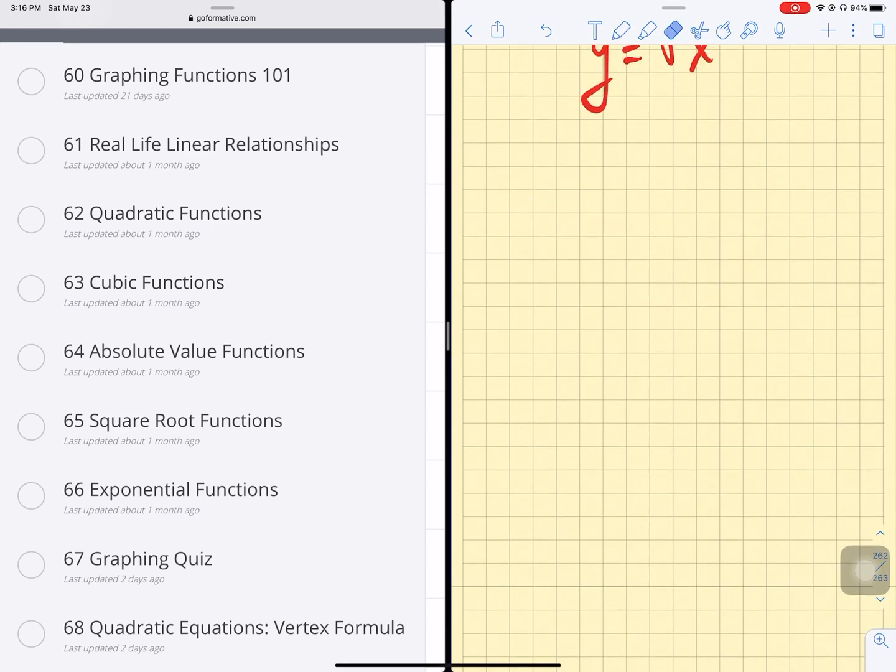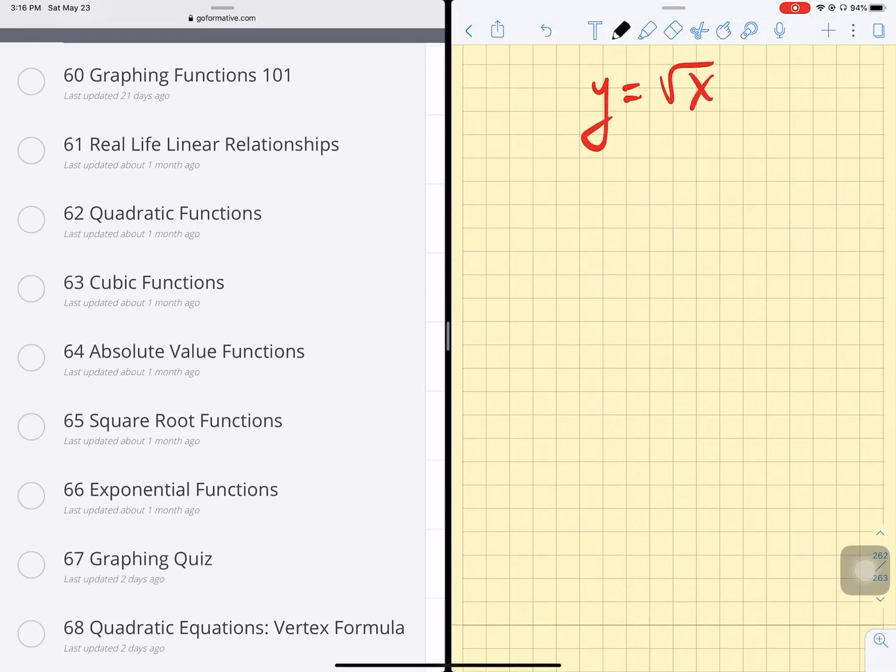So if I tell you that we're doing square root values, let's do this. X, Y, and look at the numbers I choose, right? I know the square root of 9 is 3, and the square root of 4 is 2, and the square root of 1 is 1, square root of 0 is 0. I know those numbers.